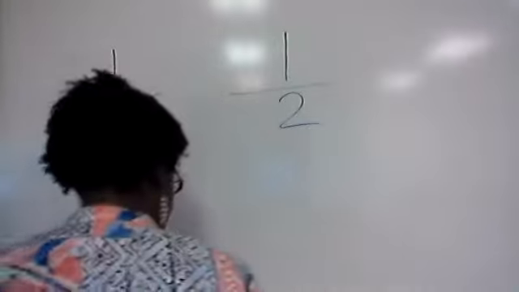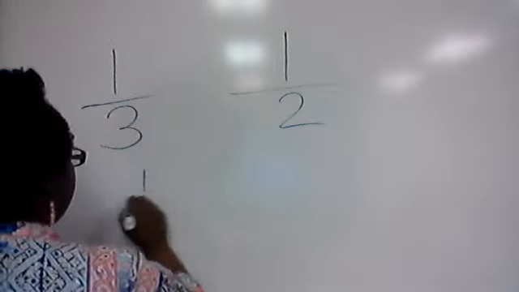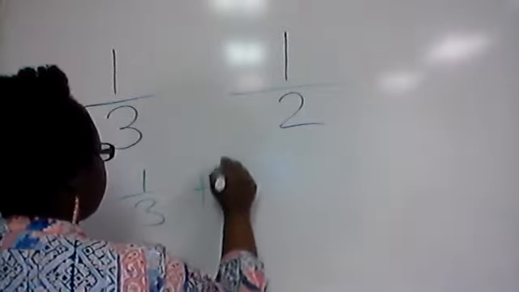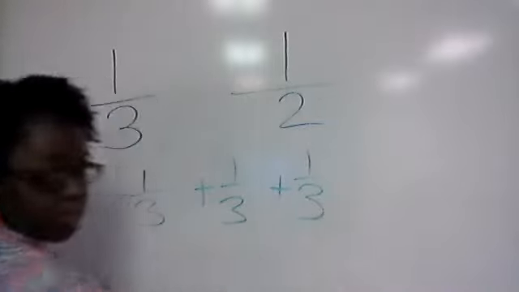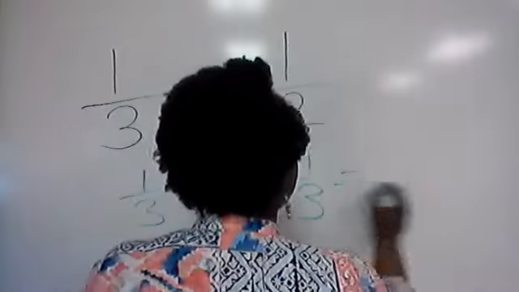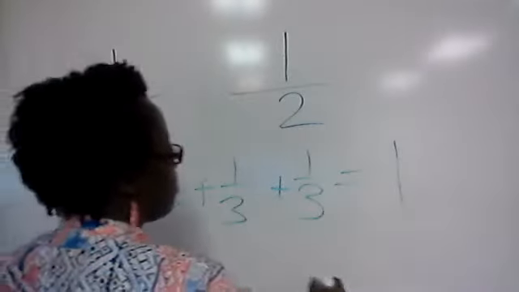It equals the whole piece. We'll write that on the board. 1/3 plus 1/3 plus 1/3 equals 1 whole because it all matches up.